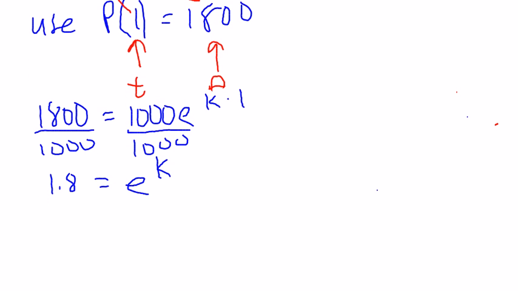Notice, e is a number, it's 2 point something, it's on your calculator. I've got k right here. I need to figure out the k. So I've got an e to the power, and I need to figure out what that is. I've got an exponential. I need to undo the exponential, which is the whole motivation for having logs. Logs are inverses of exponential functions.